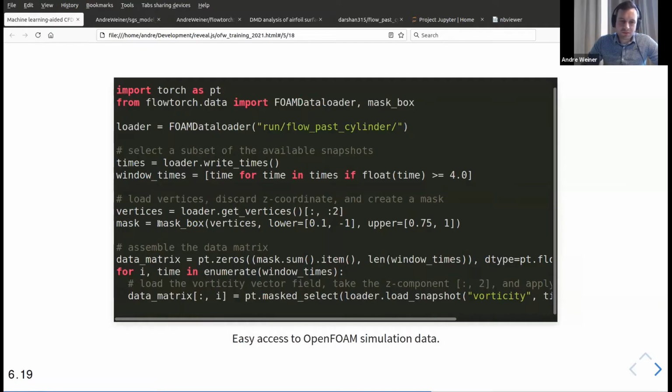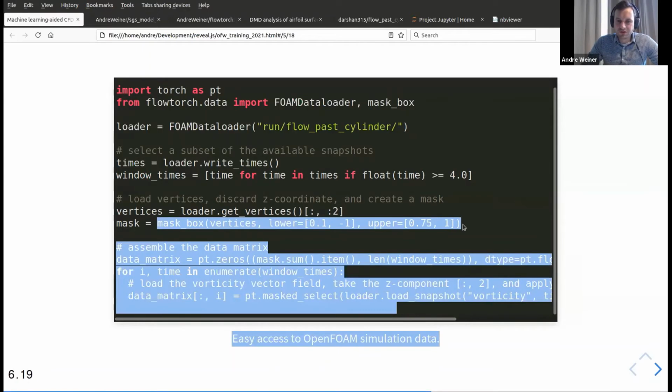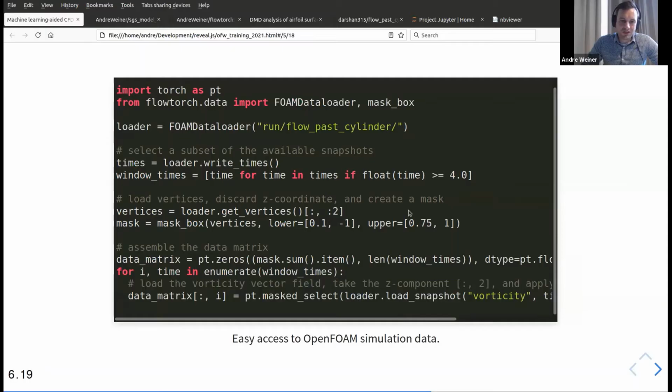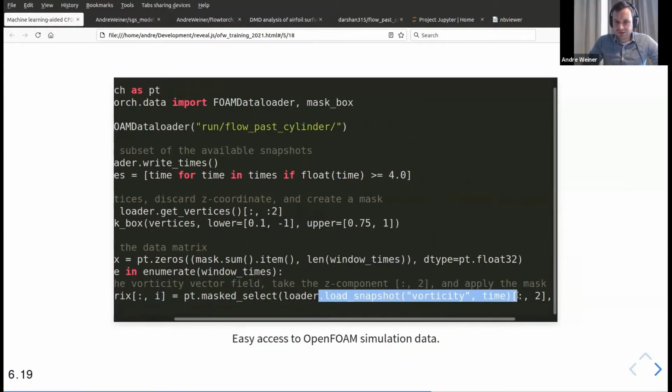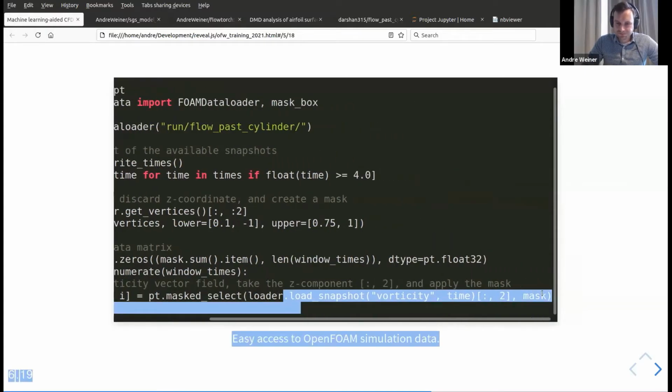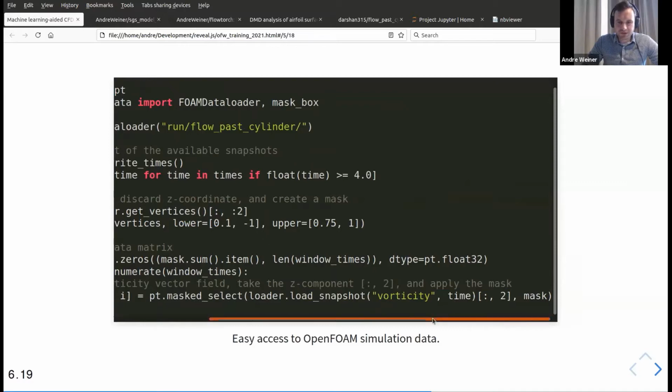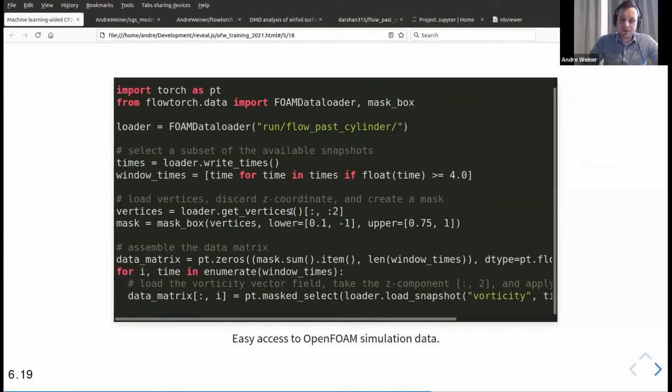You can mask the mesh, because usually if you perform SVD or DMD analysis, you don't want to take the entire mesh, but only a small portion of it. Then you can load the snapshots, for example, for vorticity at a certain time step, and apply the mask to it. Everything in one line, very easily.